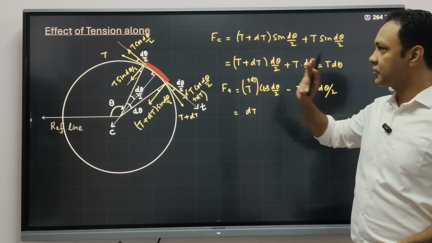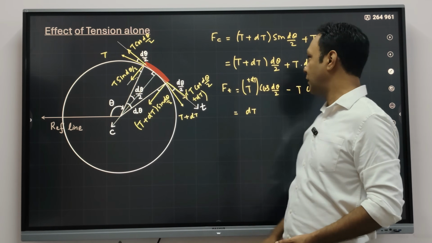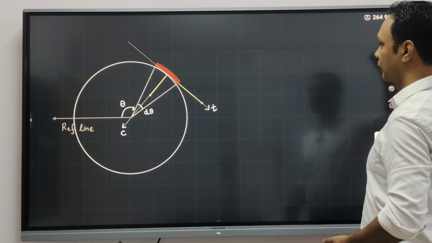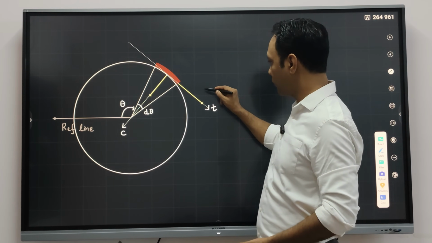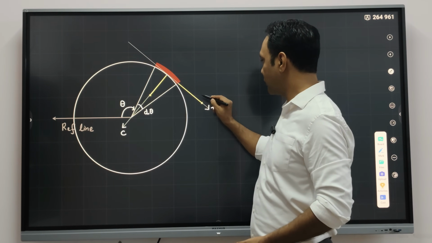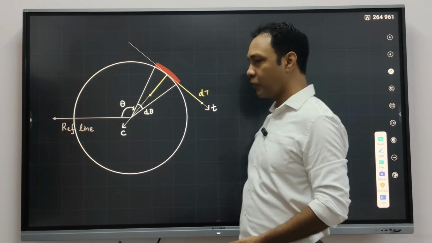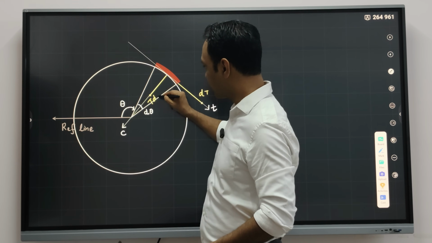Now I want to replace this with a simple diagram. I just want to show only the resultant part for the tension. So here, the net force along the tangent was dT, and the net force towards the center was T d theta.